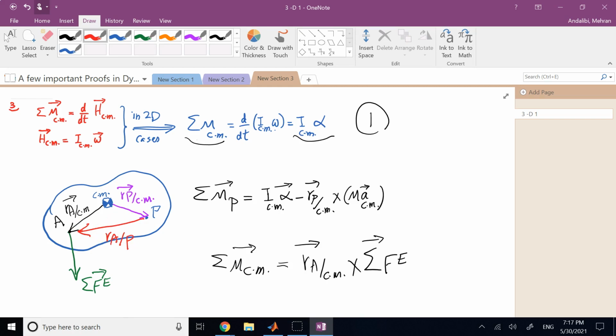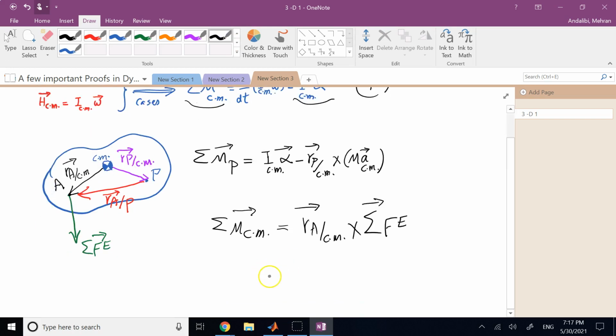Correct? If I add these two vectors together, I should be easily able to recreate this vector. So I am going to write it as r of P with respect to Cm plus r of A with respect to P, the whole thing cross summation of the external forces.